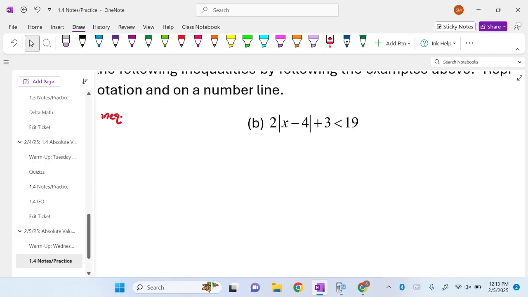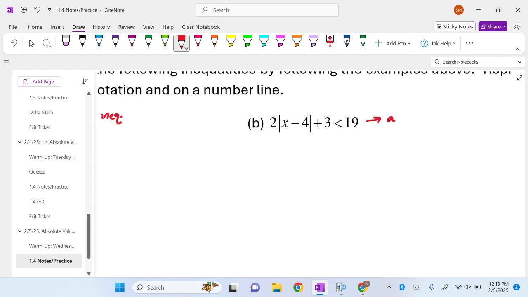So for this problem, even though it's less than, let's first talk about what's going to happen. If it's less than, are we going to have two inequalities, one an or statement, or an and statement? What do you think? If it's a less than, it's an and.